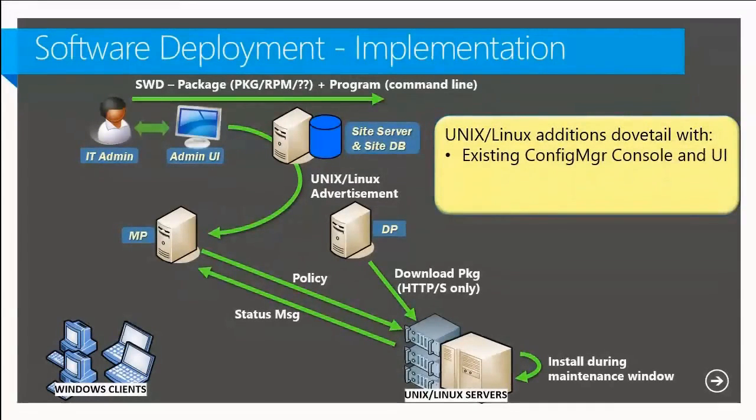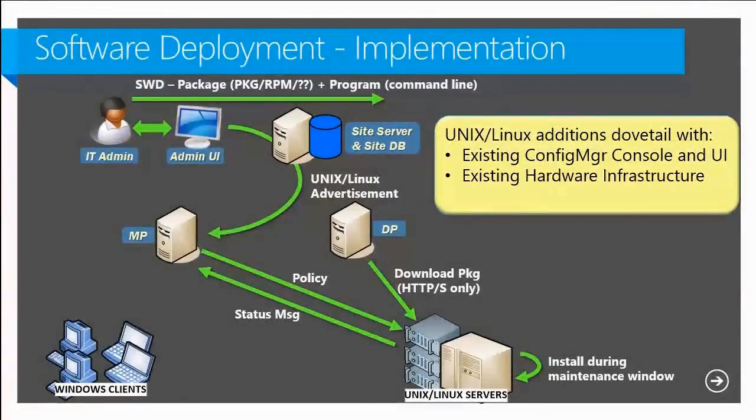So the IT admin has got a paradigm that they're used to and the UI that they're familiar with. We've got no UI in Config Manager that is specific to Unix and Linux. The UI is generic enough for us to be able to use software deployment and all the other capabilities across the board for all the platforms. We use existing hardware infrastructure.